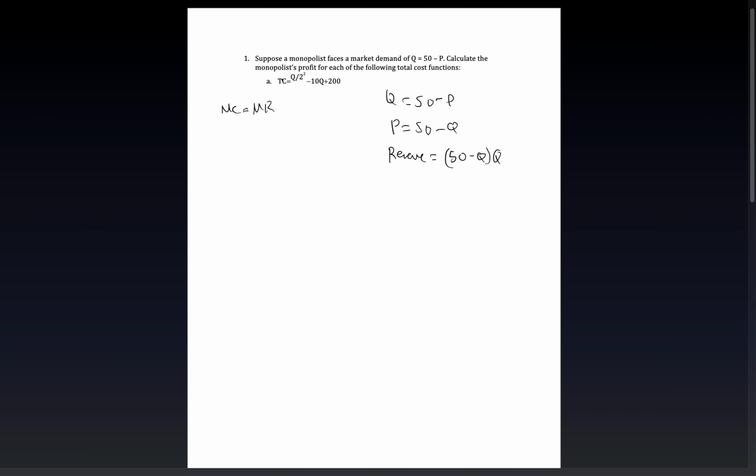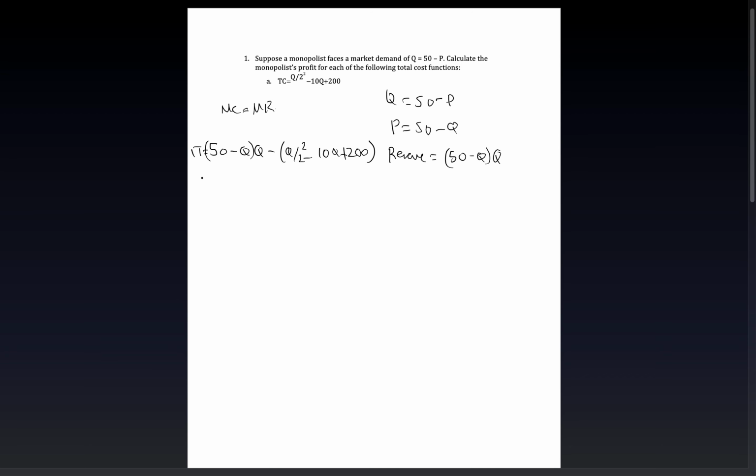And then we can do our profit function, because it's total revenue minus total cost. So (50 minus Q) times Q, minus (Q over 2 squared minus 10Q plus 200).